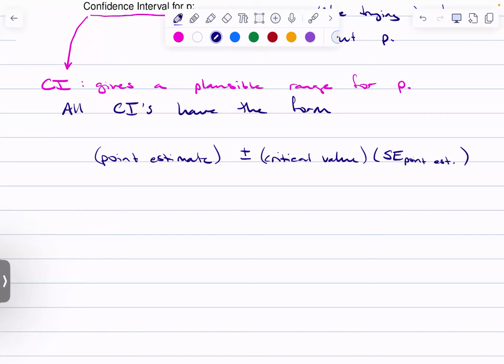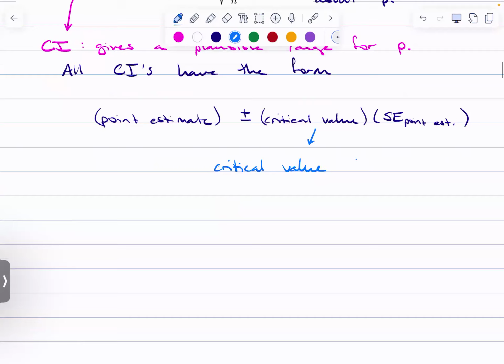Now, the critical value is the only thing that dictates your confidence level. The critical value determines the confidence level of the confidence interval.